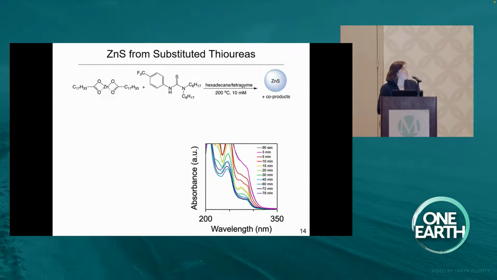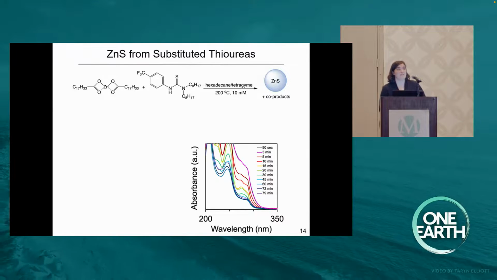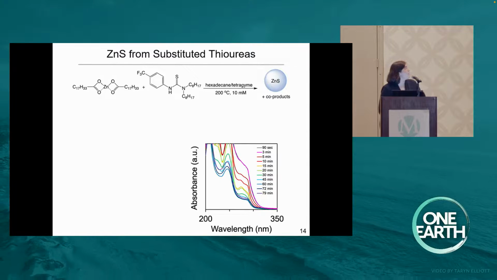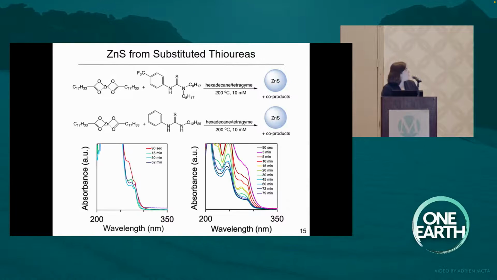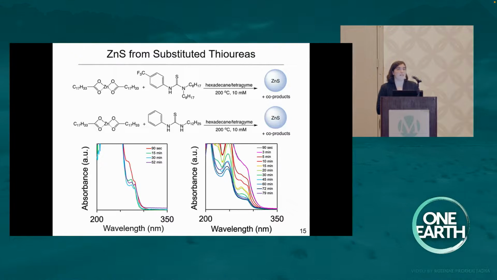We can use this similar reaction and similar way to monitor it with multiple different thioureas and multiple different substitution patterns on that thiourea. For just a couple of examples, instead of a hexyl dioctyl thiourea, we have a trifluoromethylphenyl dioctyl thiourea. Again, you see a different UV-Vis trace than the hexyl dioctyl, but we're still able to track it. And with this di-substituted, a phenyl dodecyl thiourea, we similarly have a different trace.